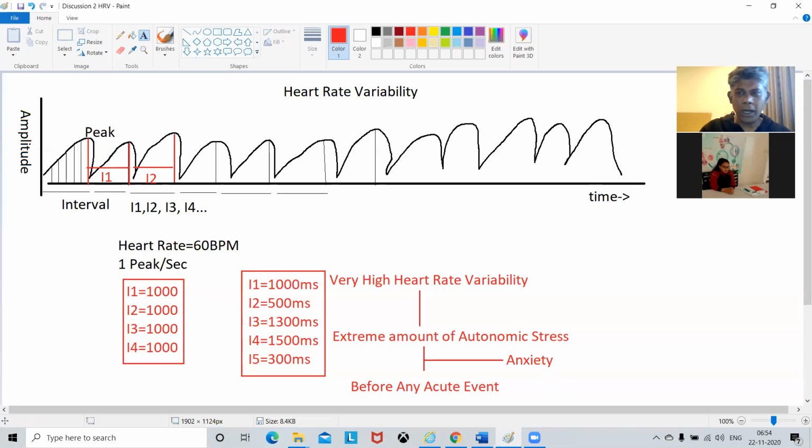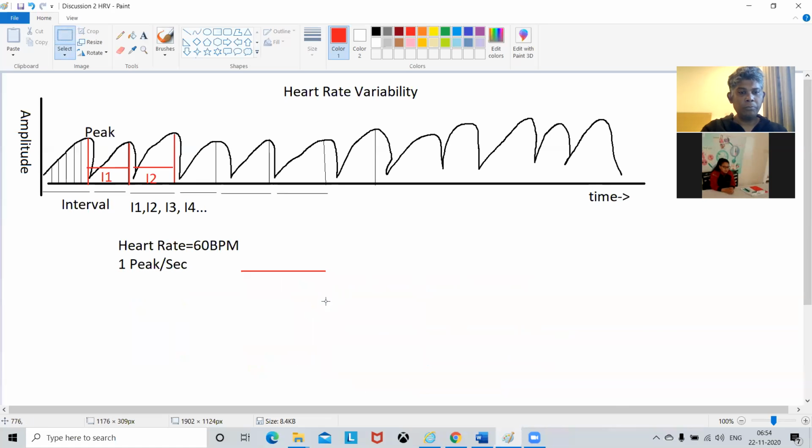Now we'll go a little bit more, and I'll not bring in the mathematics, but I'll bring in the terminology of heart rate variability and try to explain how to interpret heart rate variability markers. So before we do that, let me just write down what we understood so far.